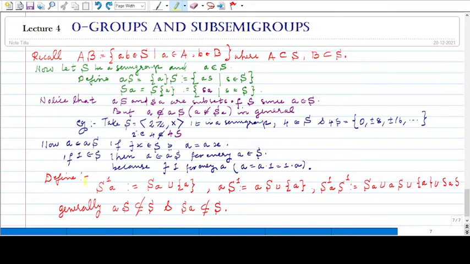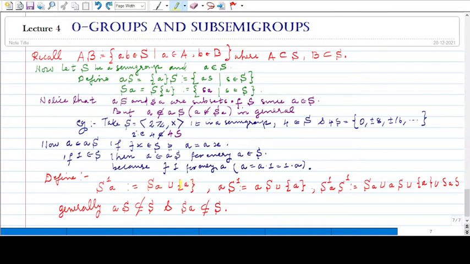Now we are going to define something called S1A. Actually, we have used S1 to identify a semigroup with identity. But here, S1A is defined as SA union {a}. We are going to include a in this.